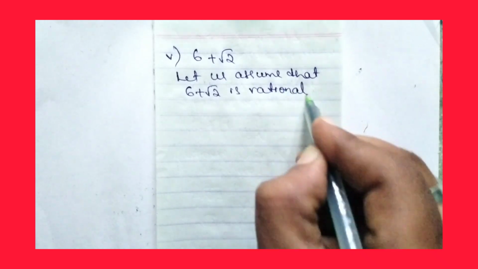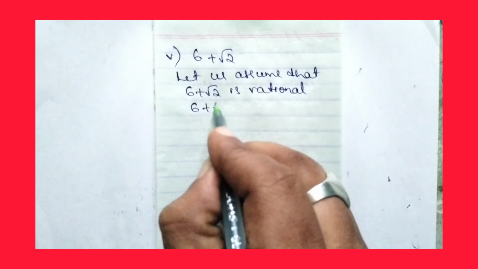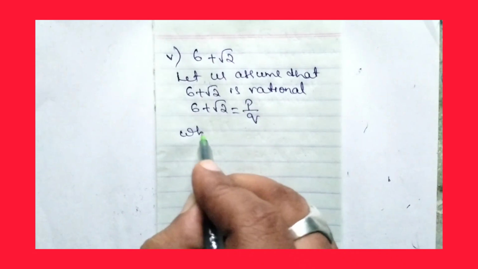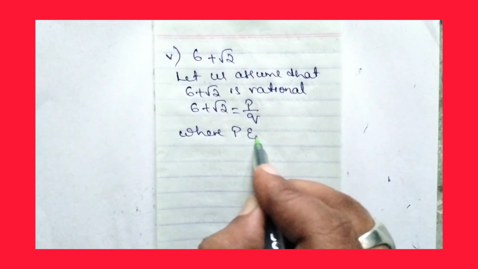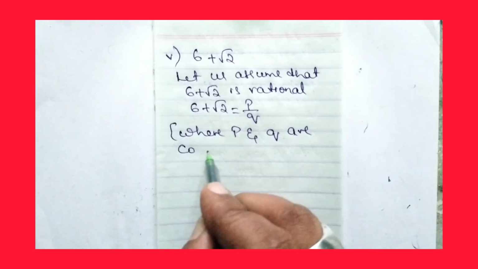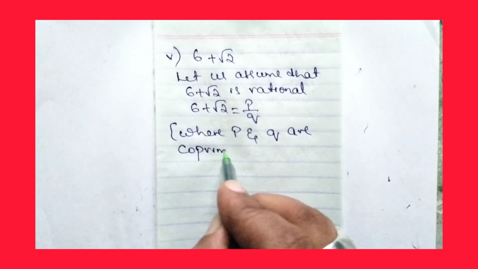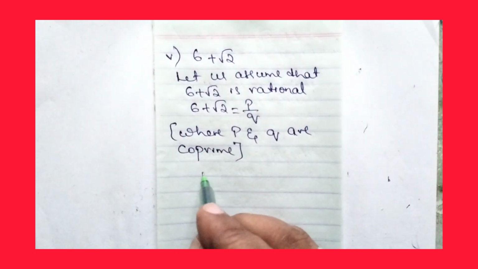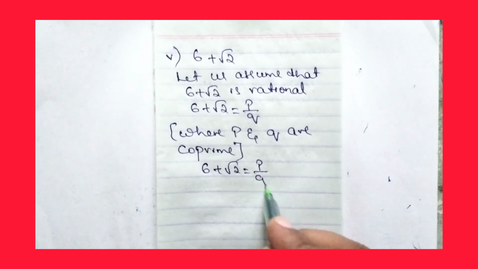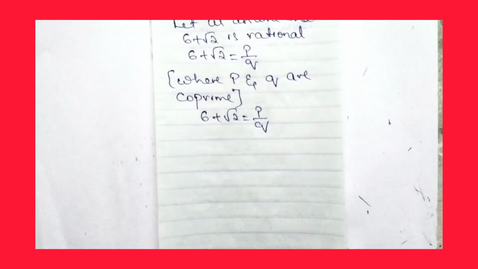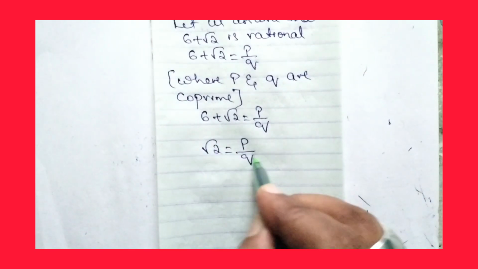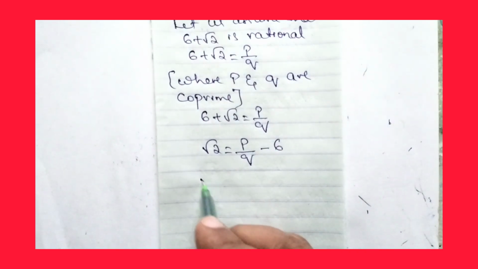If 6 plus root 2 is rational, then 6 plus root 2 is equal to P by Q, where P and Q are coprime. Now keep root 2 here itself and shift plus 6. So root 2 is equal to P by Q minus 6.